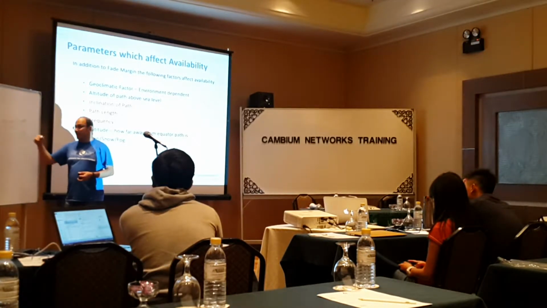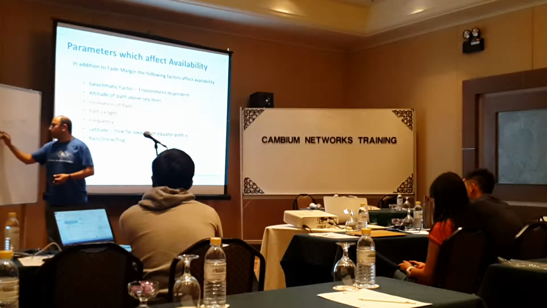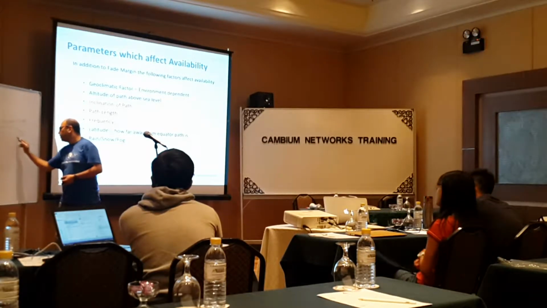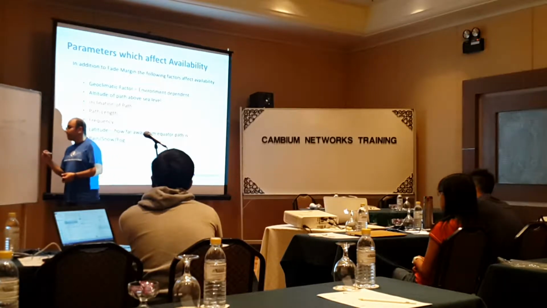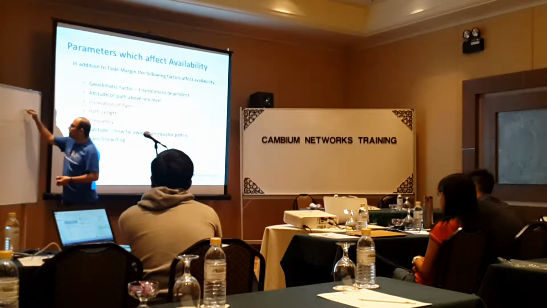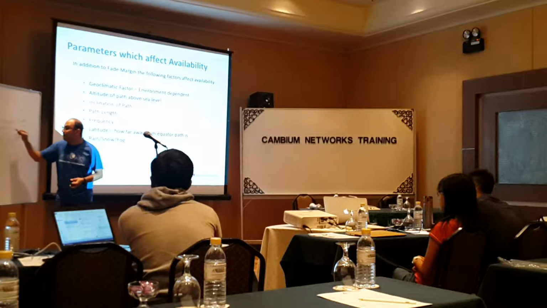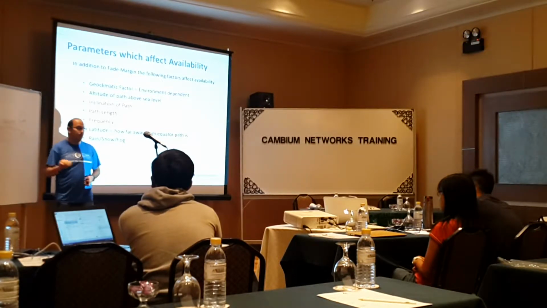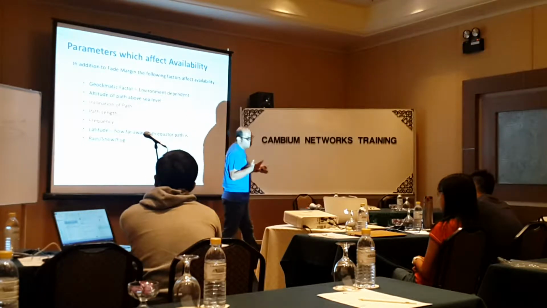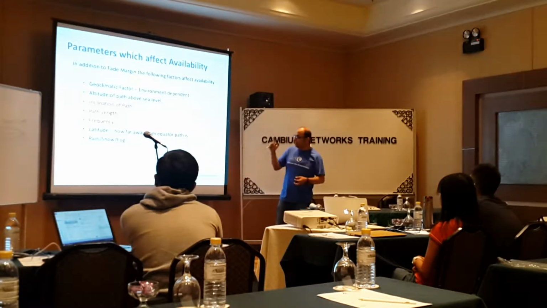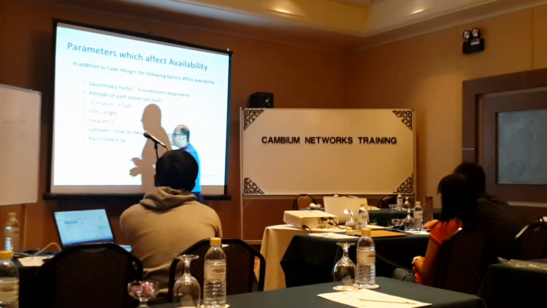There are different stages of the Fresnel zone: this is the first Fresnel zone, this is the second. The recommendation is 60% clearance of the first, inner Fresnel zone. Then you can expect good quality. Minimum 60% should be clean to have good transmission.